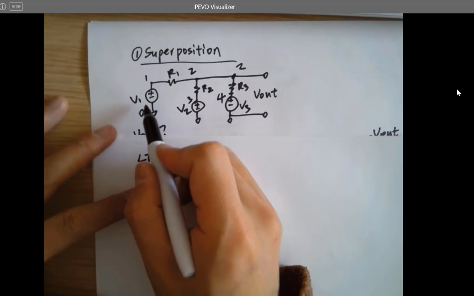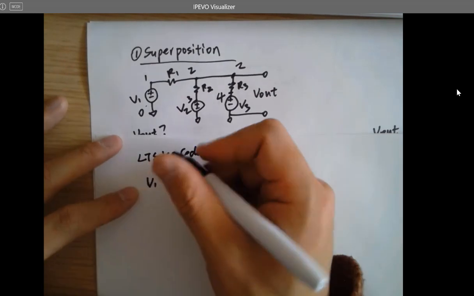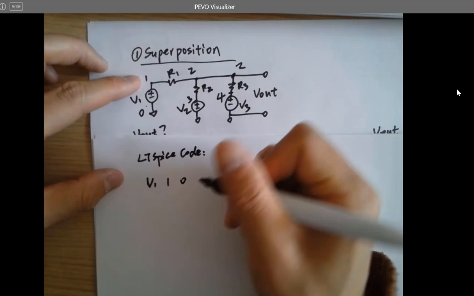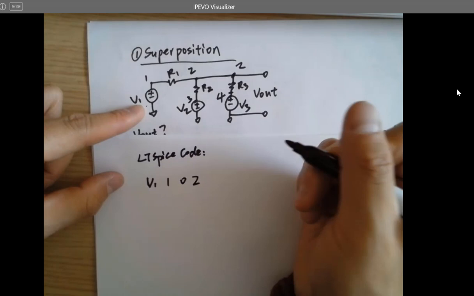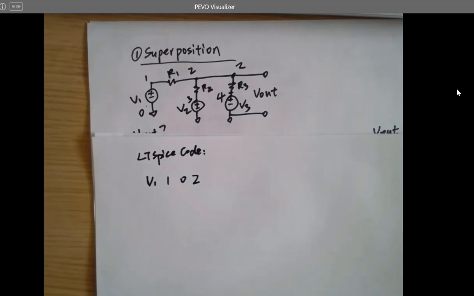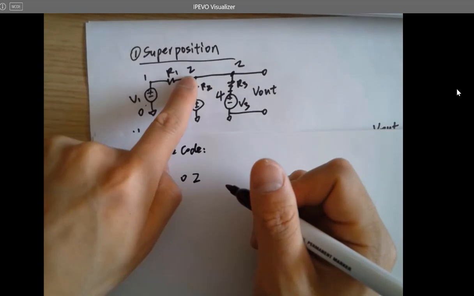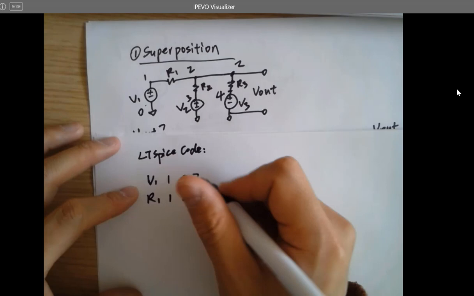Start from V1. V1 is the voltage drop from 1 to 0, and it is 2 volts. And then R1 is from 1 to 2, and it is 2K.